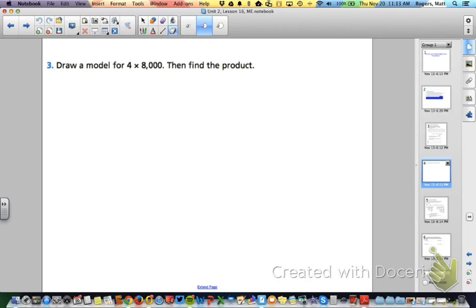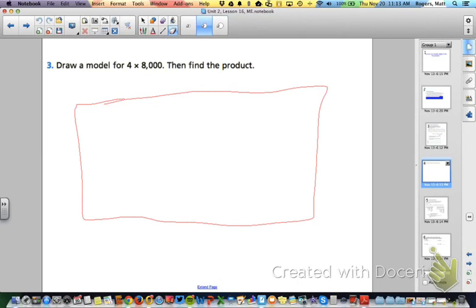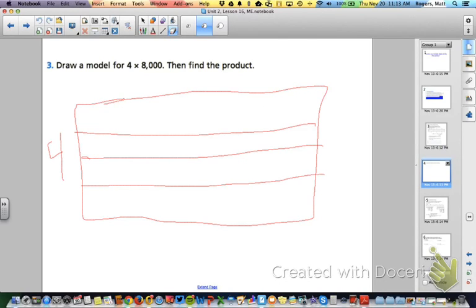For this area model, fairly simple. I'm just going to do the area sketch model, and it's by no means perfect, as you can tell. So along the side, I'm going to have 4. And I would draw 4 rows. And then I'm going to have 8,000, and I'm going to do 8 columns of 1,000.